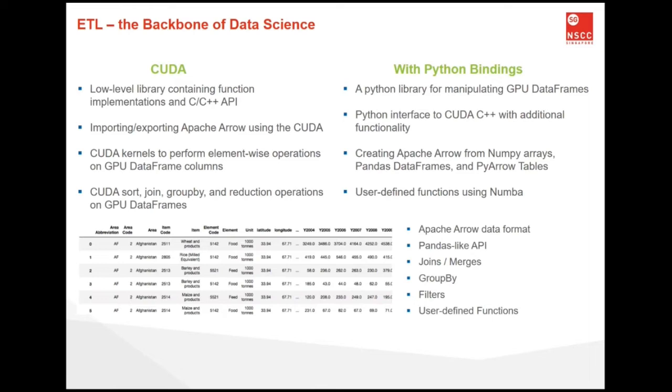And then this is all run on top of the Apache Arrow data structure. And so integrating with the rest of the big data ecosystem and the PyData ecosystem is really as simple as just copying memory to and from the GPU.